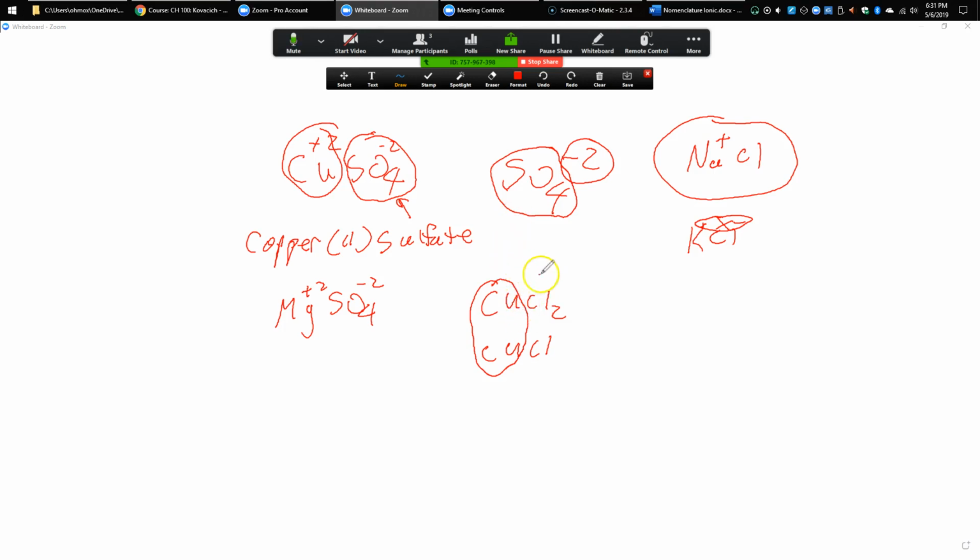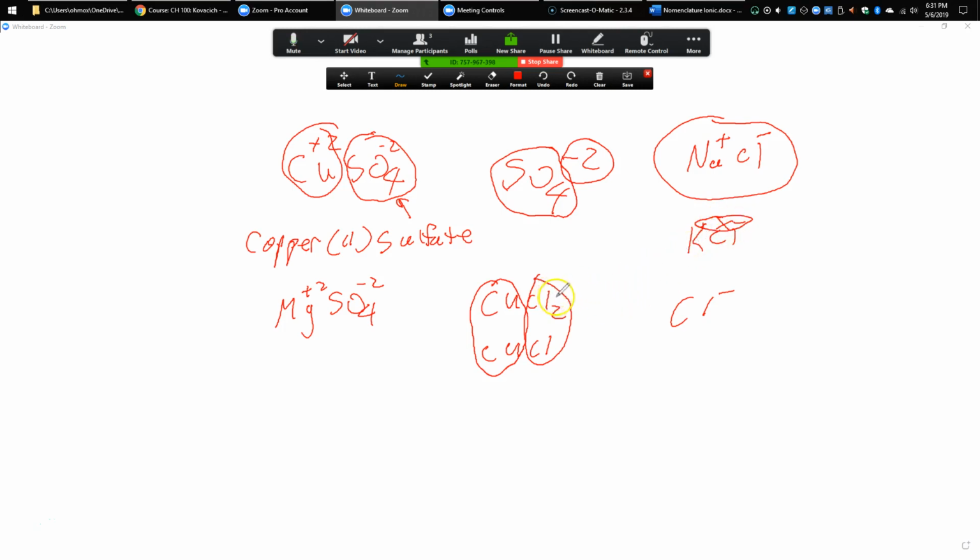So Cu is copper, and Cl is chlorine, and we already know this chlorine's charge is -1. Remember up here, the sodium chloride was just one of each, and the potassium chloride one of each.